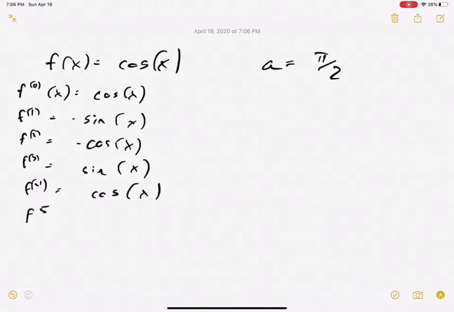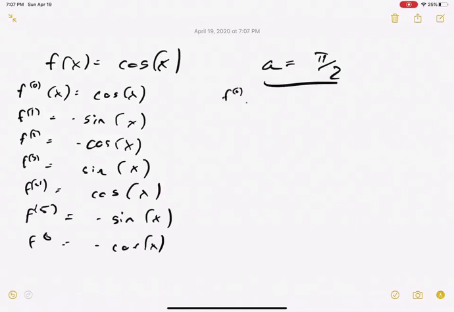Let's do 2 more. f5, negative sine again. f6 equals negative cosine. Okay, so these are our functions, and we want to evaluate them at pi over 2, right?